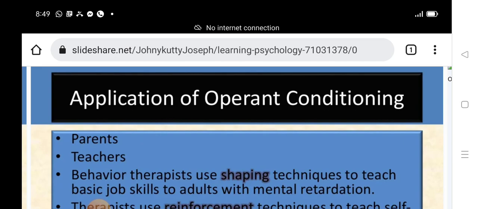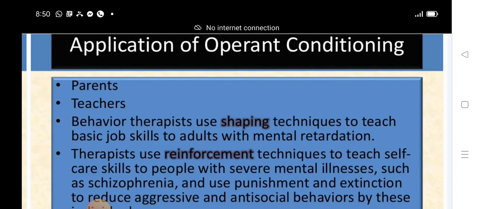So, applications of operant conditioning. Parents, teachers, and behavior therapists use shaping techniques to teach basic job skills to adults with mental retardation.